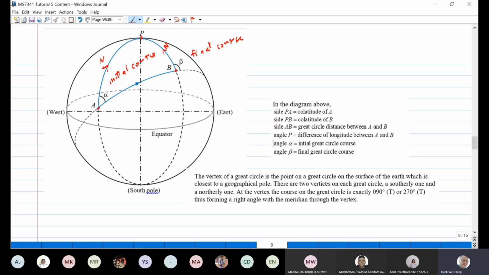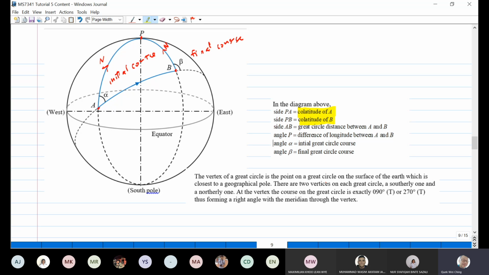We have some names for this. First of all, the length of PA is called the co-latitude of A. The distance from P to A is called the co-latitude of A. Similarly, the co-latitude of B is the distance from P to B. Usually you measure the distance in degrees.